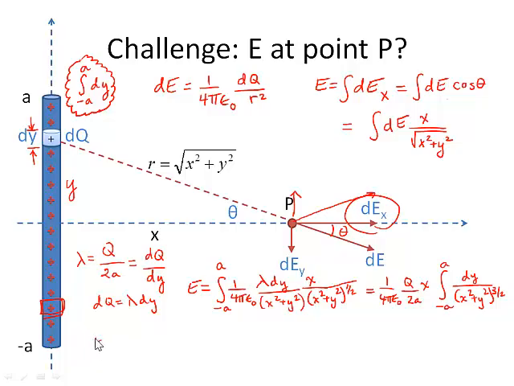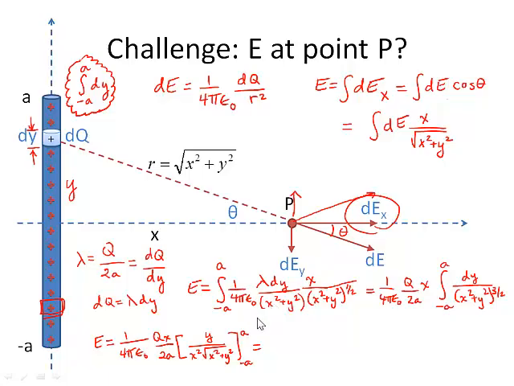But when we perform this integral, what we get is that the electric field is 1 over 4 pi epsilon naught qx over 2a, and performing the integral we get y over x squared times the square root of x squared plus y squared. That's from negative a to a.